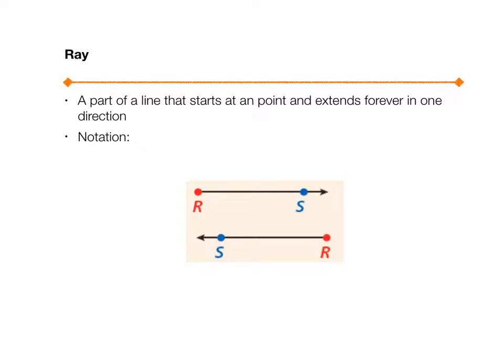A ray is part of a line that starts at one point and extends on forever in one direction. So a way to think of this would be if you had a sun, and we draw a sun like this, right? The sun emits rays of light.